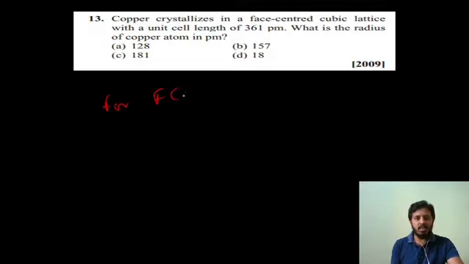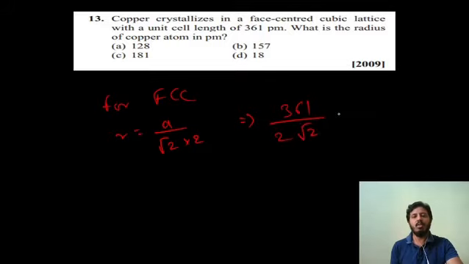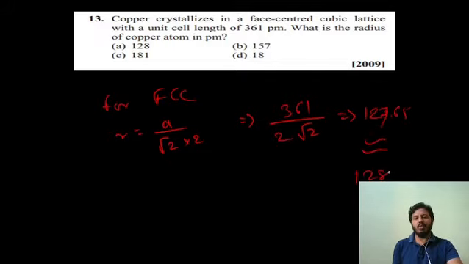For FCC, r is equal to a divided by 2 root 2. Substitute the value of a, that is 361 divided by 2 root 2. Root 2 has the value 1.414. If you substitute those values, you will get 127.65, which is almost equal to 128 picometer. That is option A.